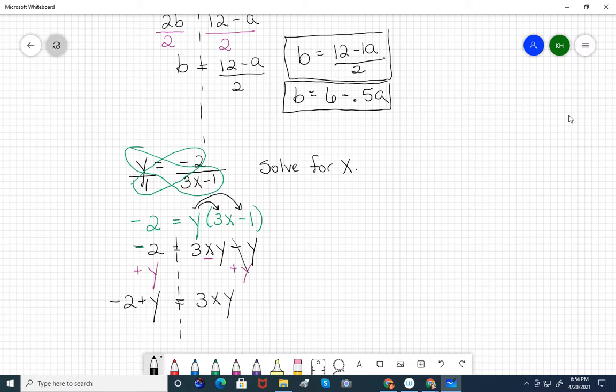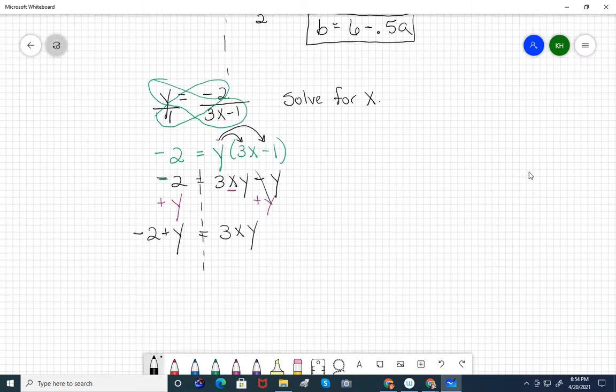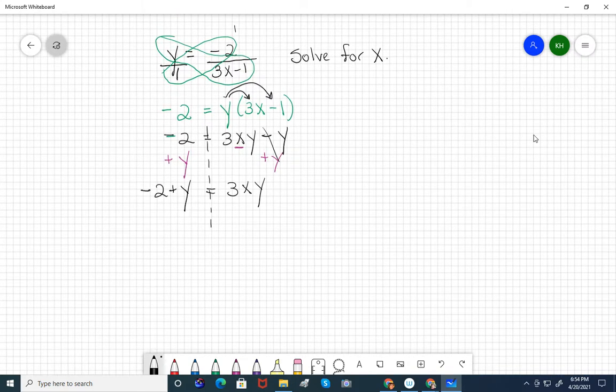Now, I'm trying to get x alone, and we can do this in one step or two. I prefer one. I need to get rid of the 3y. 3 and y are both multiplying, so I divide. Okay. That cancels, and that cancels.